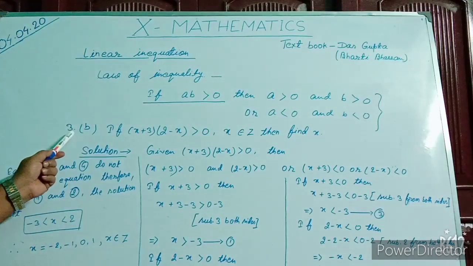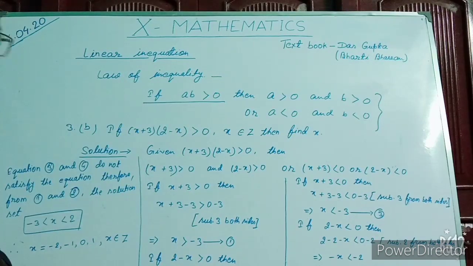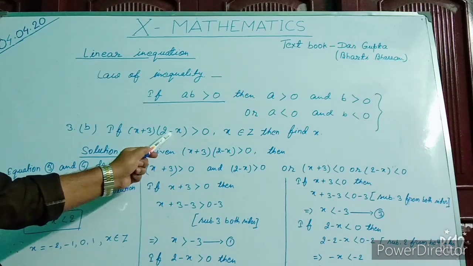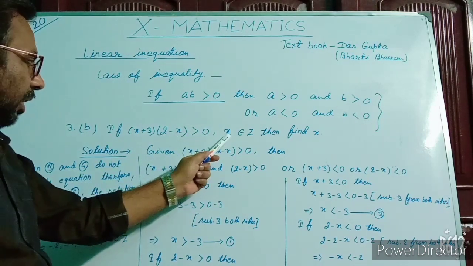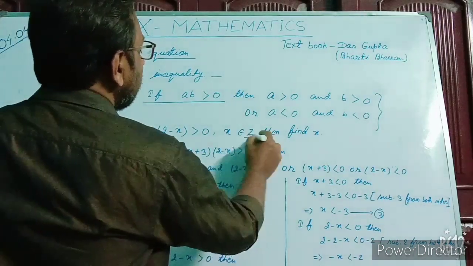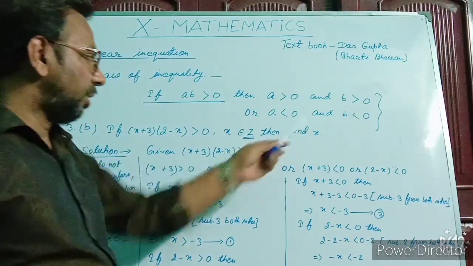Question number 3b depends on this law. The question is: if (x plus 3) into (2 minus x) is greater than 0 and x belongs to Z, this Z is the integers, then find the value of x.